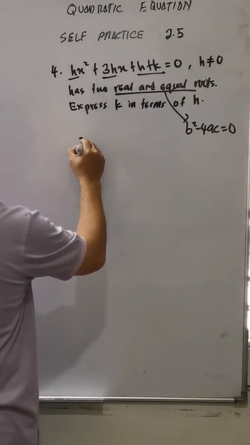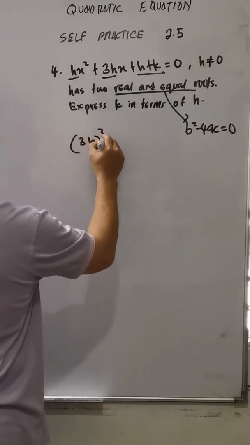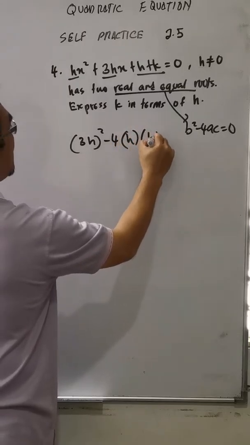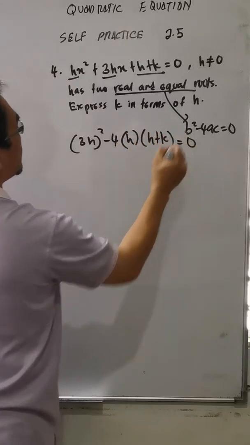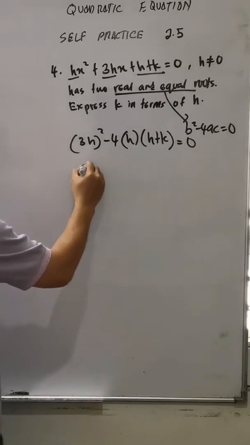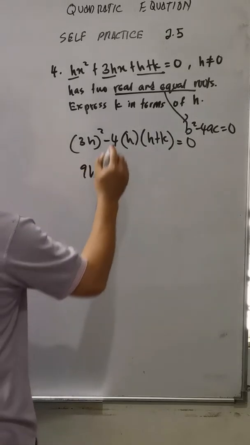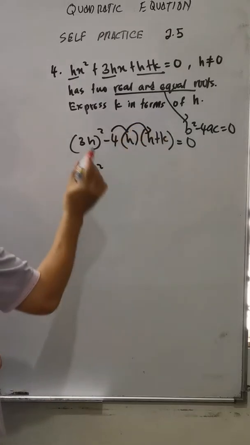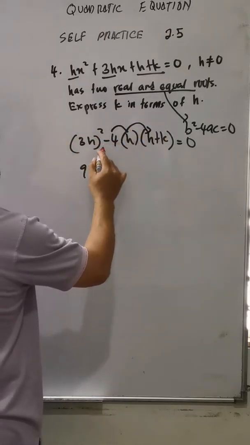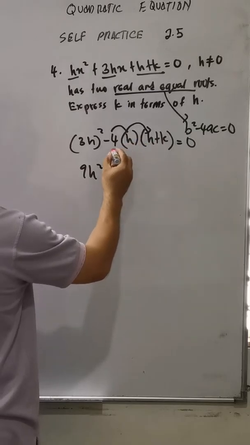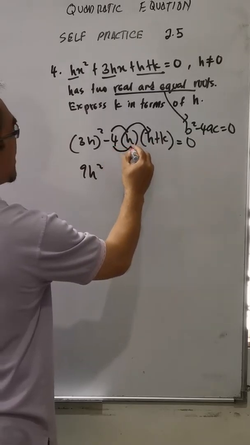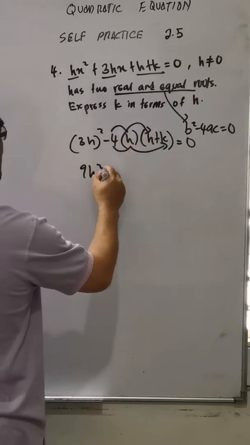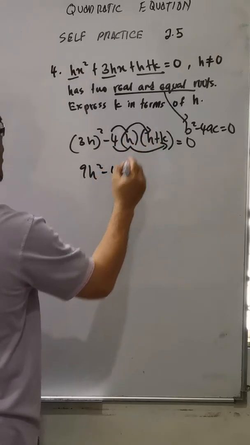So 3h squared minus 4ac equals 0. So 9h squared. Now negative 4 times h times h, you have to multiply at one go, and then negative 4 times h times k. So negative 4 times h times h is negative 4h squared.